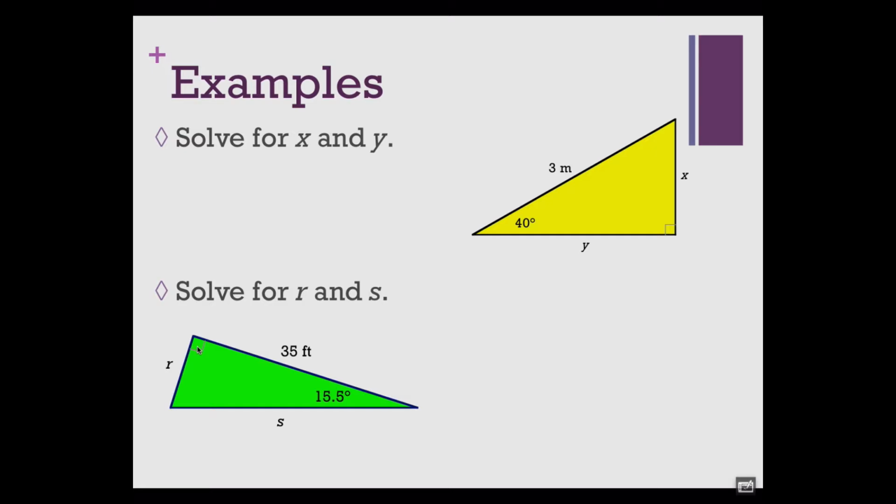Making progress? See a lot of people getting R and then getting stumped on S. Don't use Pythagorean theorem, use the trig functions.